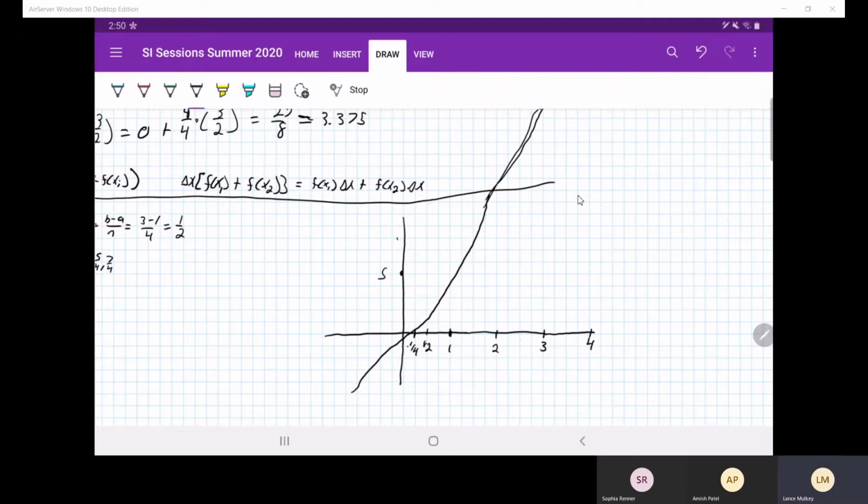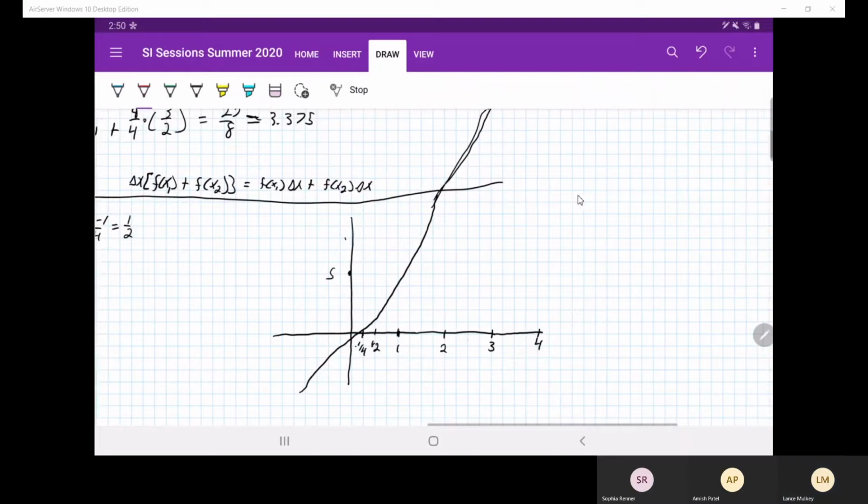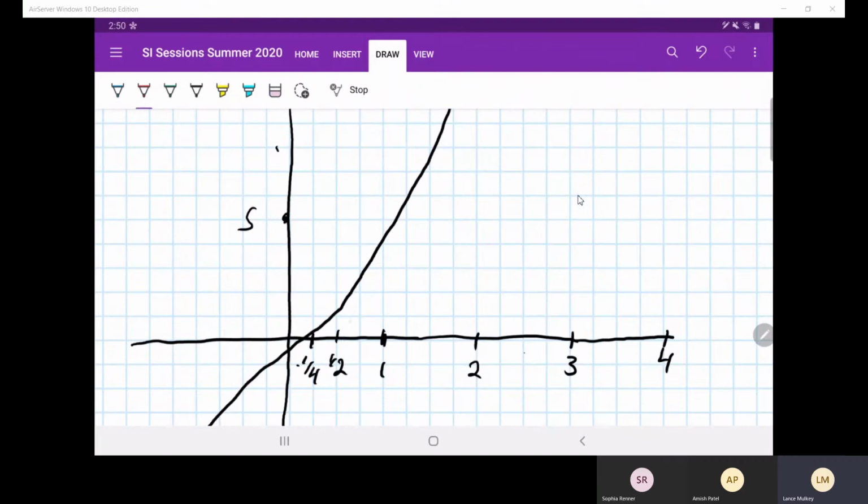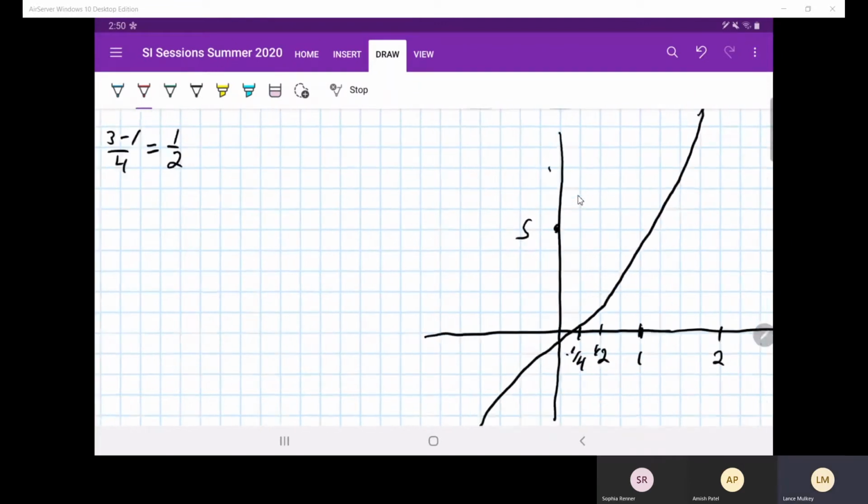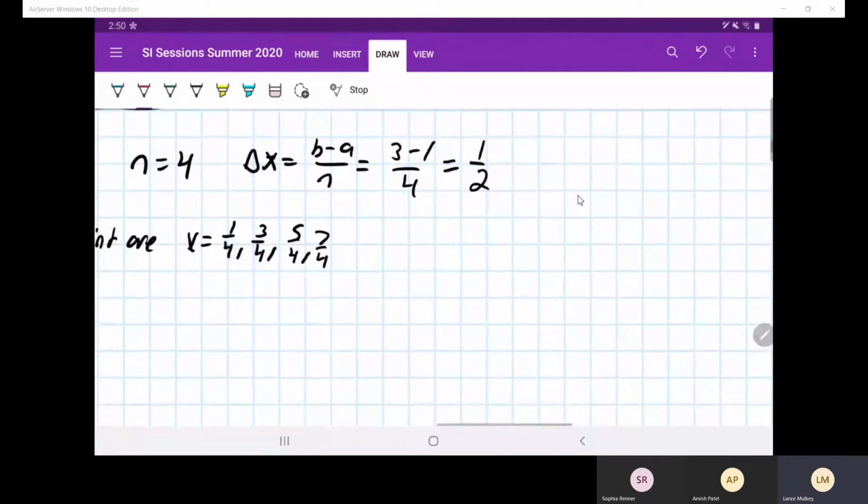So, and we need 4 rectangles at 0.4 apiece. Well, actually, no, we're starting from 1, aren't we? I got the midpoints wrong. We're starting from 1 and going to 3.